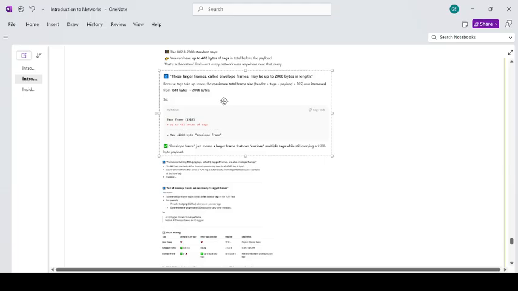The maximum total frame size, header plus tags plus payload plus FCS, was increased from 1518 bytes to 2000 bytes. So again, because tags take up space, the maximum total frame size, which is the header, tags, payload, plus FCS, was increased from 1518 bytes to 2000 bytes.